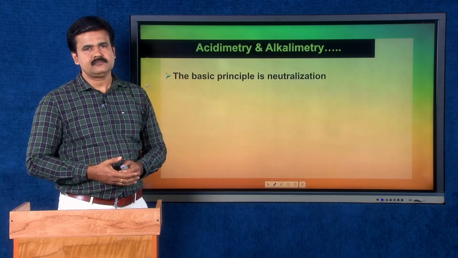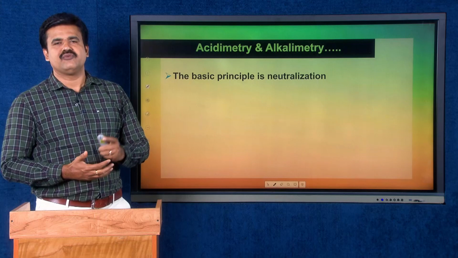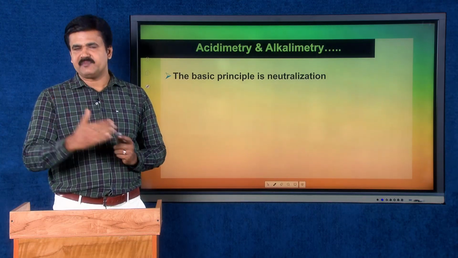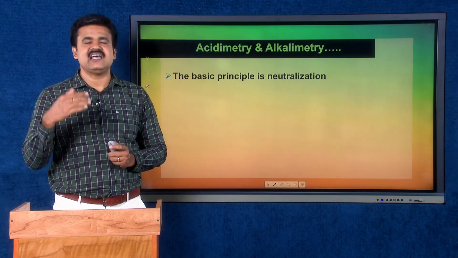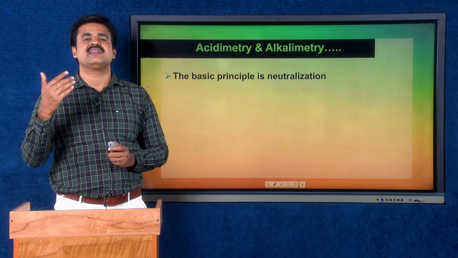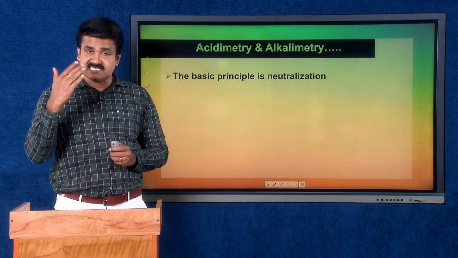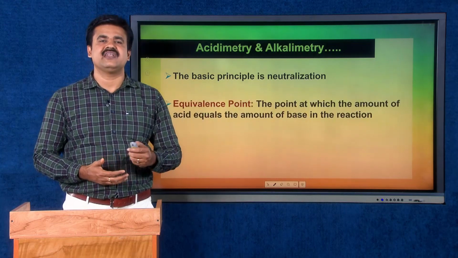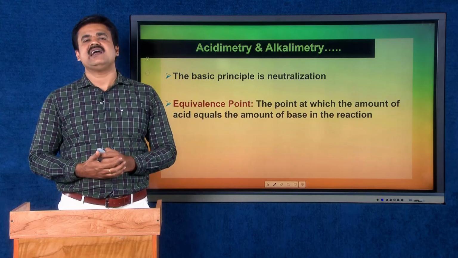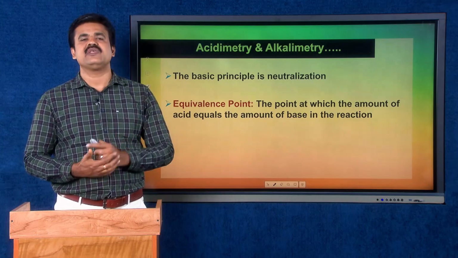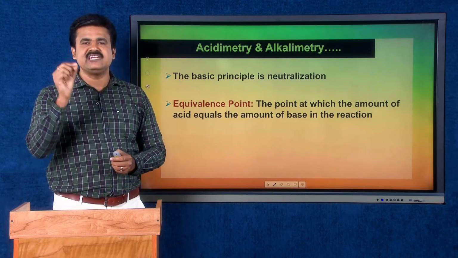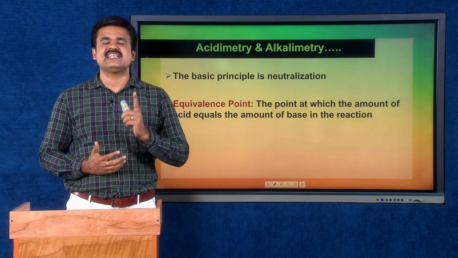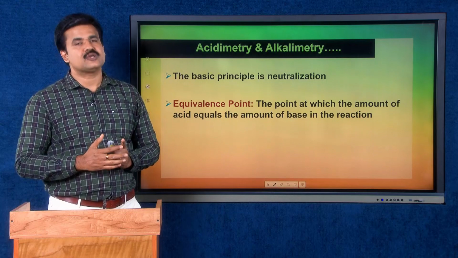Now, the basic principle of acidimetry as well as alkalimetry is neutralization. Neutralization means the reaction between an acid and a base to produce salt and solvent, salt and water. Such neutralization reaction is the basic principle of acidimetry and alkalimetry. In acidimetry and alkalimetry, there is also equivalence point. The point at which the amount of acid equals the amount of the base in the reaction is known as the equivalence point.